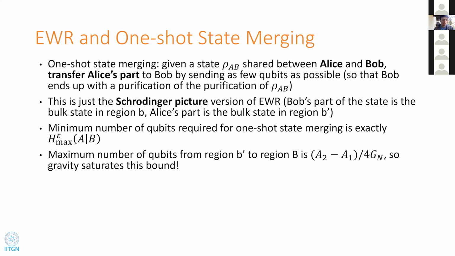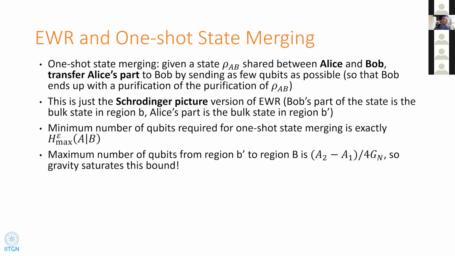That goes back to a paper I wrote with my advisor, Patrick Hayden, a couple of years ago. So what we find is that gravity uses exactly the minimum number of qubits that it needs to achieve this task of one-shot quantum state merging.